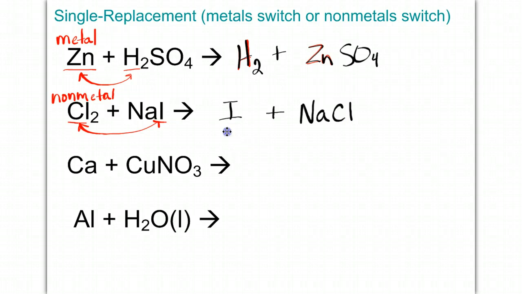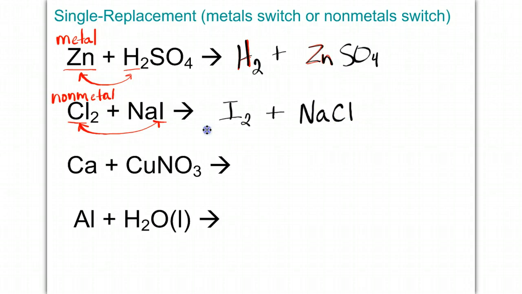We need to determine if we have a diatomic and if we need to balance charges, and both are true in this case. Iodine is a diatomic, so it gets a 2. Sodium is a +1, chloride is a -1, and so they cancel with each other. So notice that, and this is my final answer, just because the chlorine has a 2 next to it on the left does not automatically mean it will have a 2 next to it on the right.